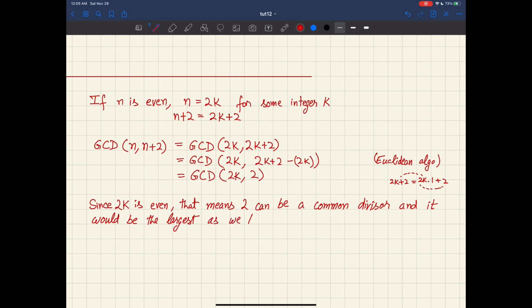So if your numbers are 2 and 2k, your GCD cannot be greater than 2. Therefore, the GCD of n and n plus 2 is 2 if n is even, and is 1 if n is odd.